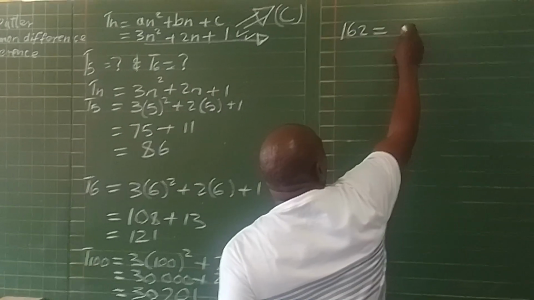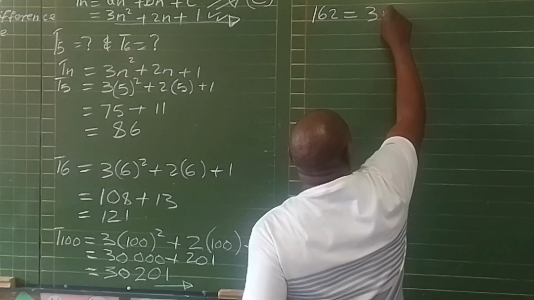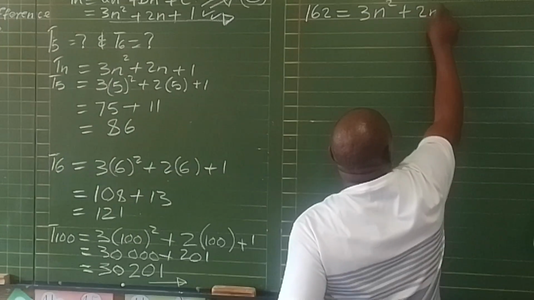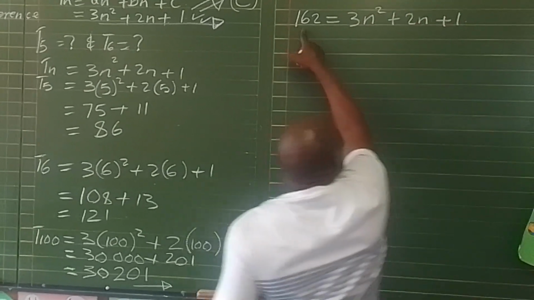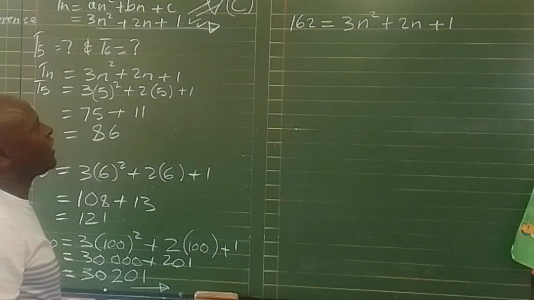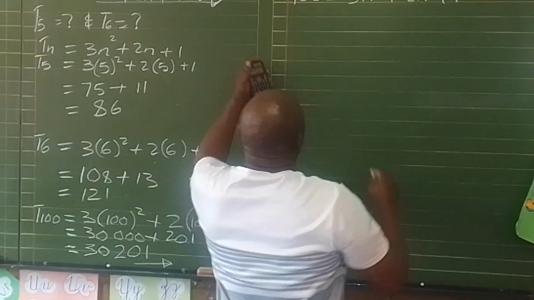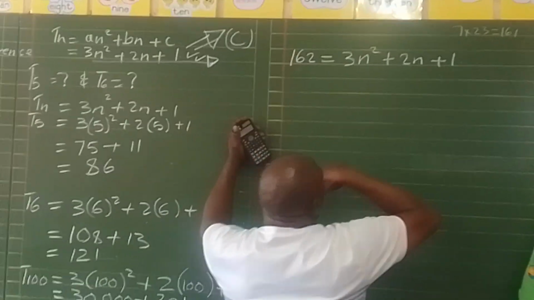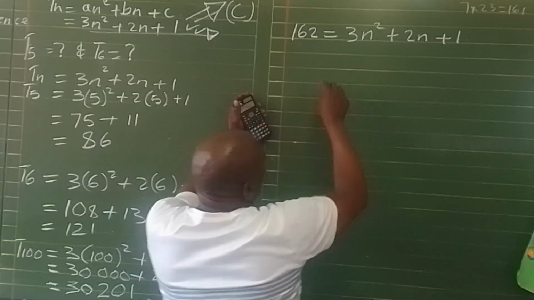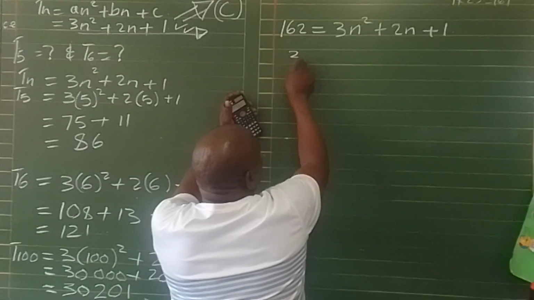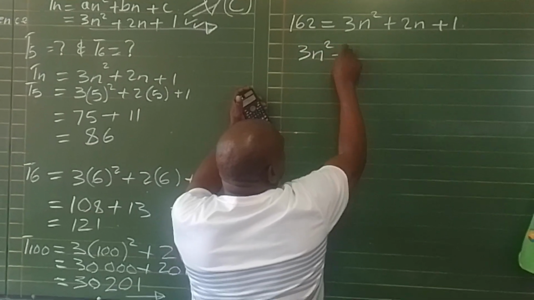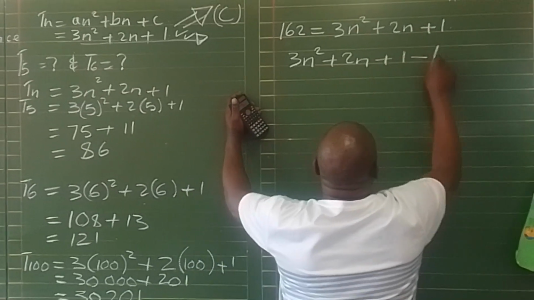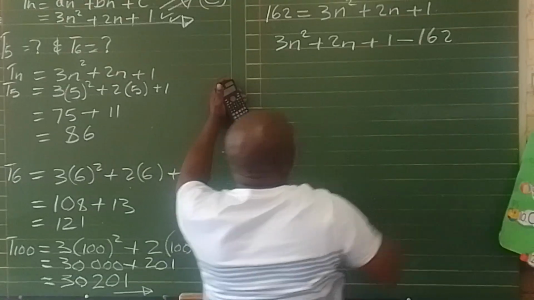162 must be equal to 3 times n squared plus 2n plus 1. Which term must be equal to that? Now, you take that side. It's 3n squared plus 2n plus 1 minus 162.